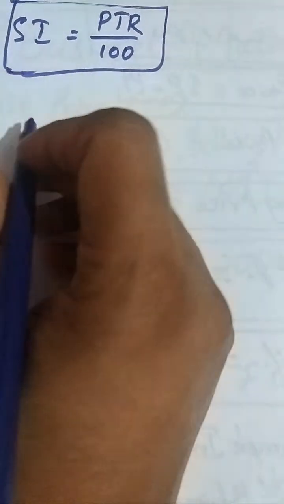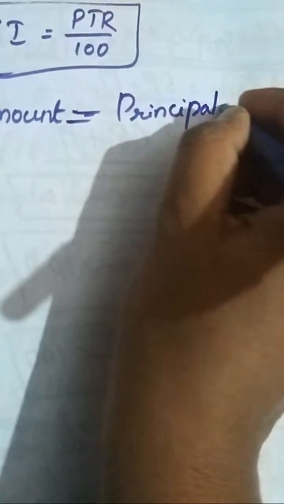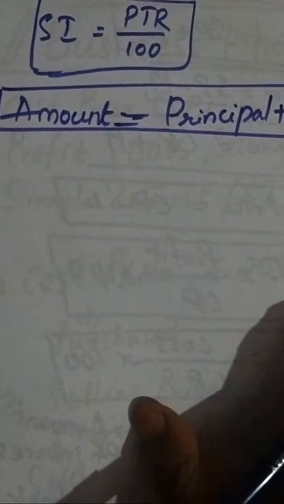And simple interest added to the principal is called the amount. What amount we are depositing, that amount is equal to principal plus simple interest.